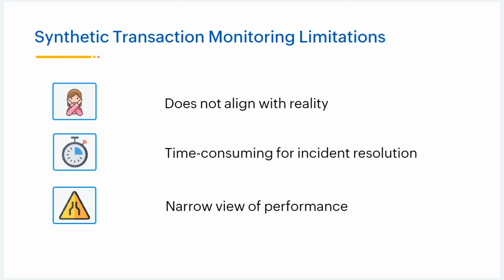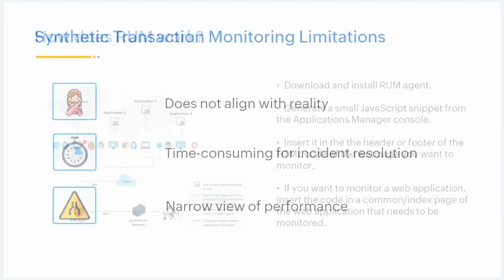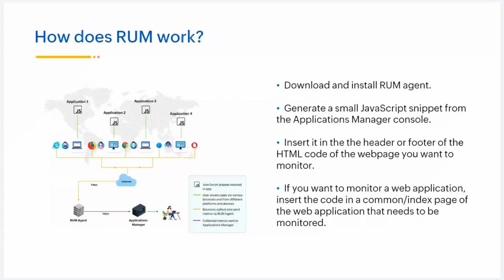So, how does real user monitoring work in Applications Manager to facilitate data collection and reporting? The RUM agent, which is the real user monitoring agent, is deployed on the server where the application is hosted, or you need to deploy it on a specific server with which the Applications Manager server can communicate.